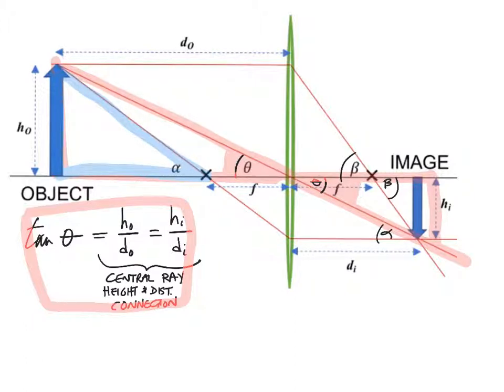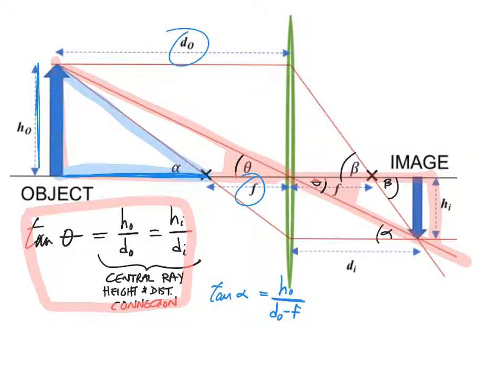So if I want to work on the tangent of alpha, let's see what we get. Over on the big side where it's easy to see, the opposite to alpha will be h naught, or the object height itself. However, this length here is part of DO, but it's DO minus the f, the focal length. So I have the difference between the object distance and the focal length.